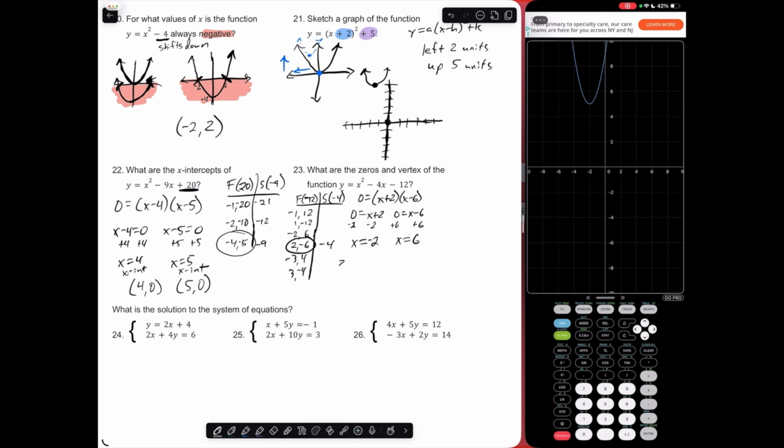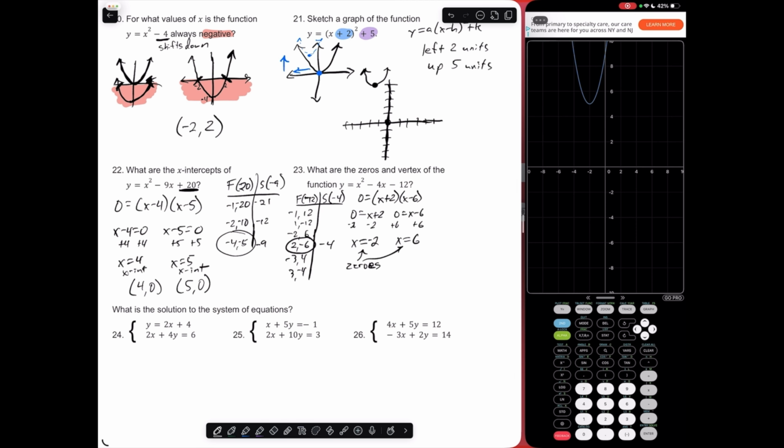So the zeros are -2 and 6, however you want to phrase that. Notice in one of the other problems I wrote zeros with an o-e-s. It's kind of up to you how you want to write that. But these two are your zeros.